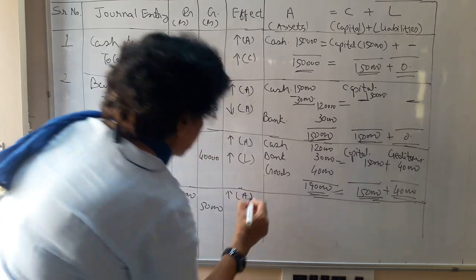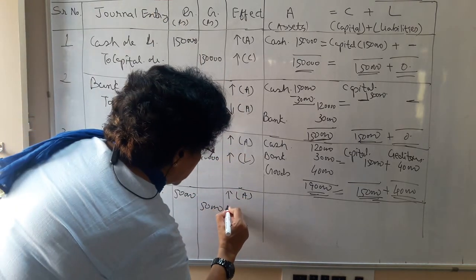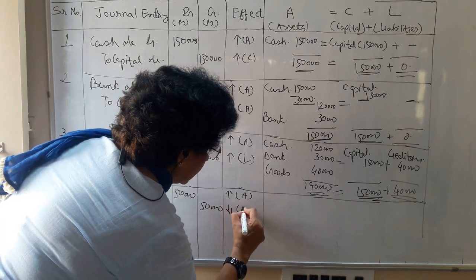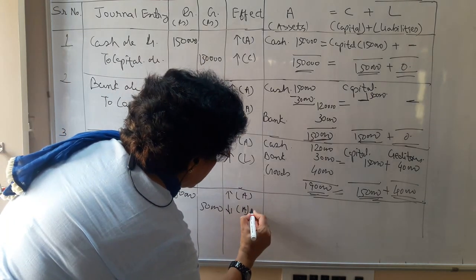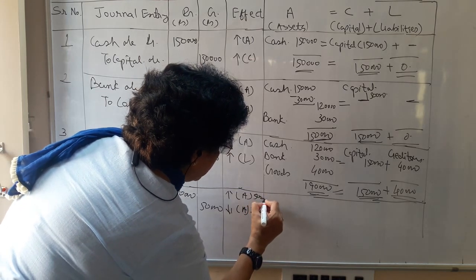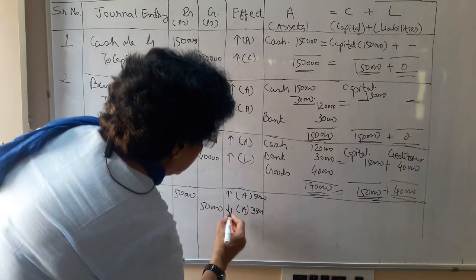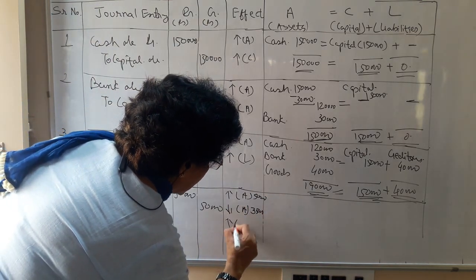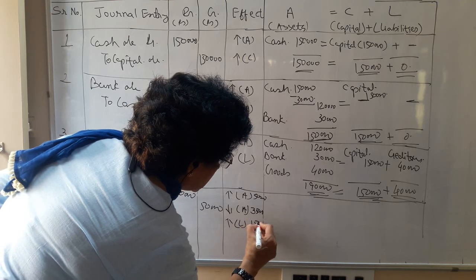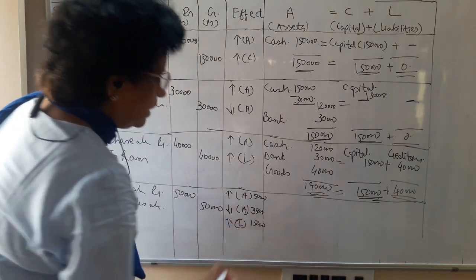Increase in asset, that is by 50,000 rupees. Your goods are going out, so there is a decrease in asset, but that is only of 35,000. Asset increase of 50,000, and whatever is the profit of 15,000, that profit is added into the liability side, that is your 15,000. That will go to the capital account.